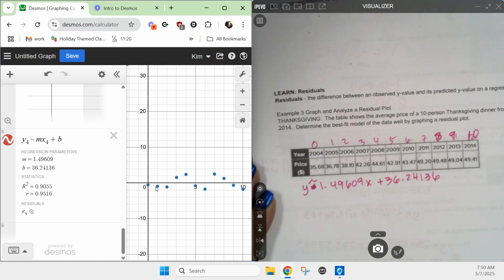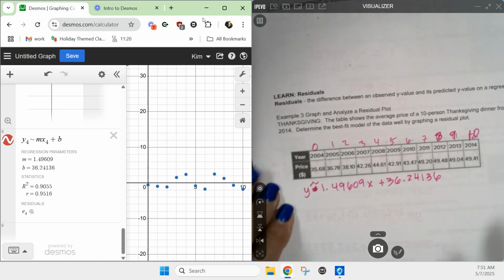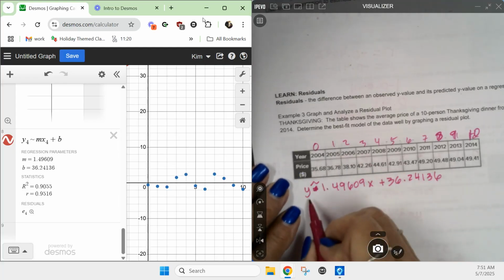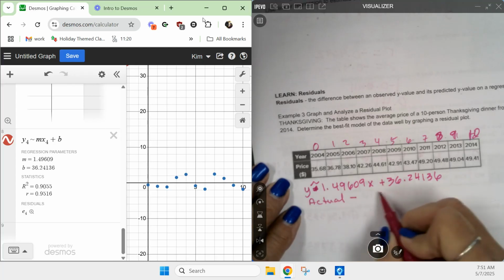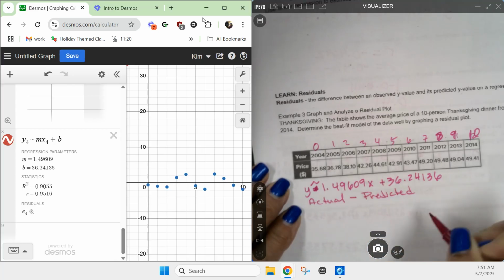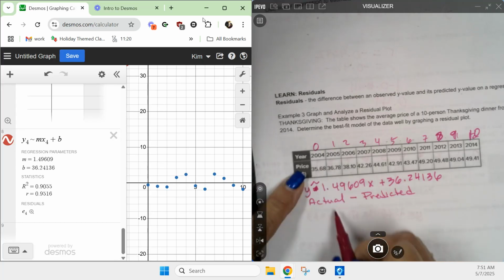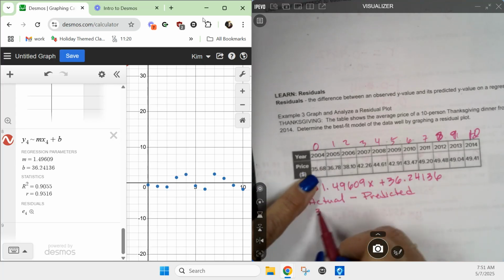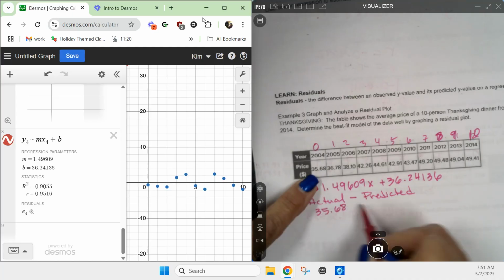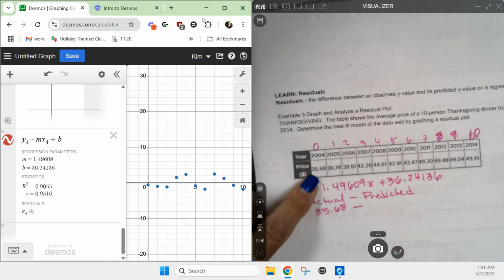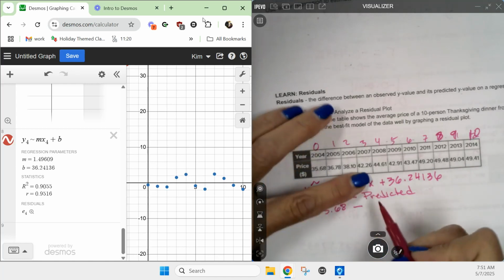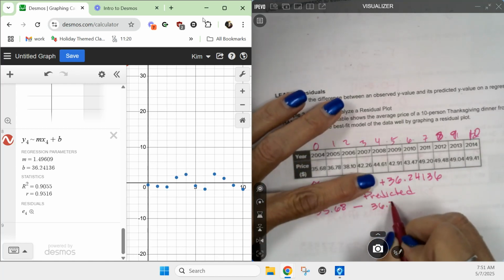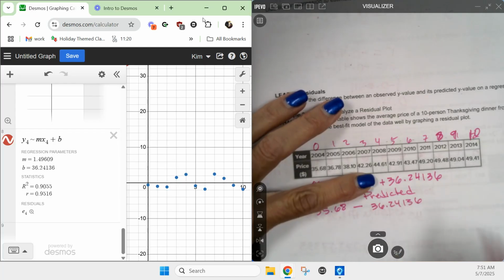Now, how did they find that? Remember, it's actual minus predicted. The actual is 35.68 minus, if I plug in 0 here, we'll get 36.24136.